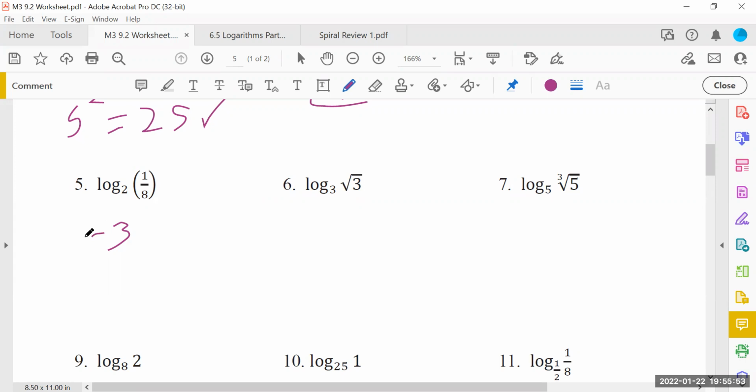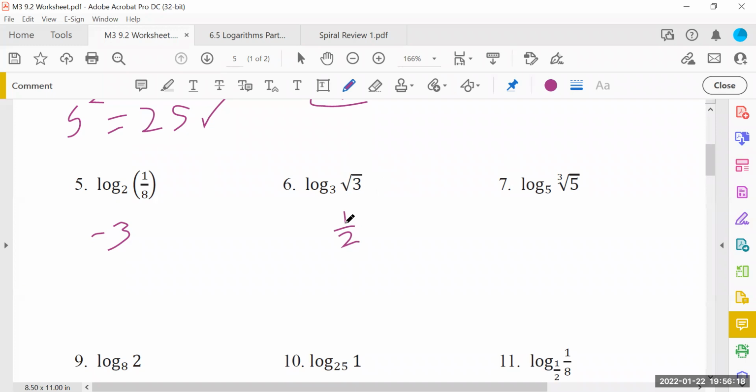Okay, number 6 is another one where you may have gotten stuck. The idea here is you need to know that the square root symbol means 1/2 as an exponent. The 2 on the bottom is the type of root here. This is a square root, so it's 1/2.